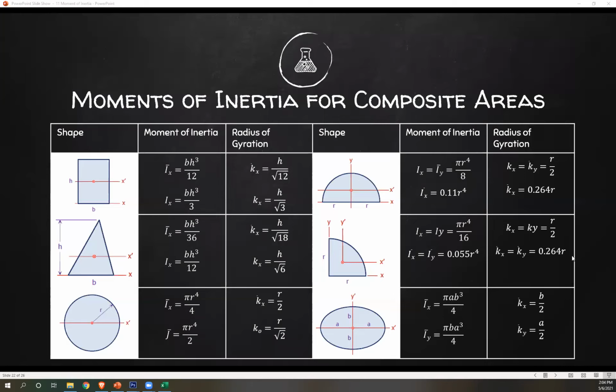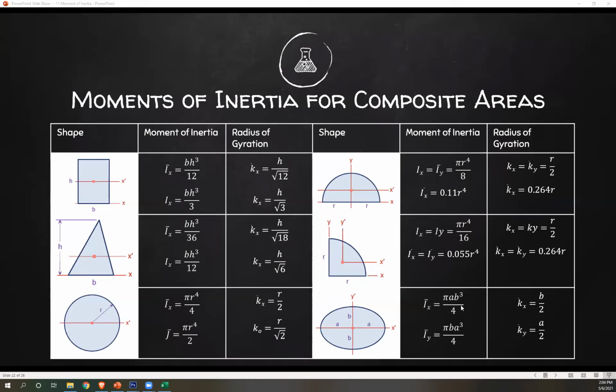And then lastly, you have an ellipse. The moment of inertia about the centroidal x-axis is pi ab cubed over 4. A is half the length of your major axis, so from center to vertex. And b is half the length of your minor axis, from center to your co-vertex. So here is your b.